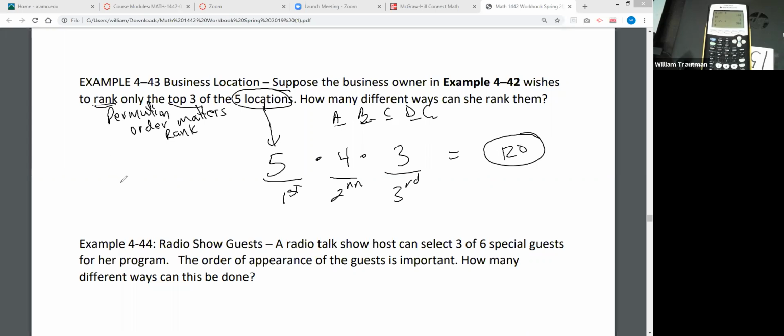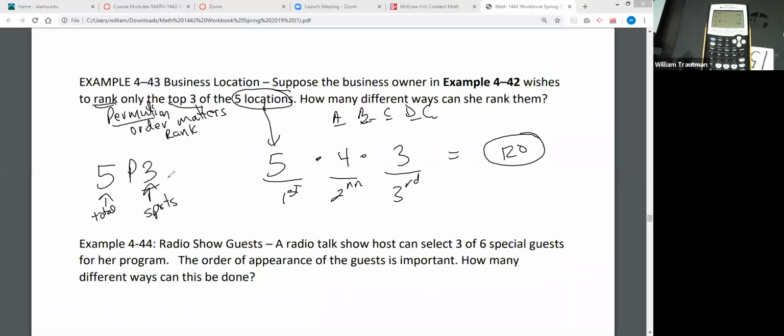Well, let's write that. That's a permutation. Permutation, order matters. We have 5 locations, and we want to rank them in 3 spots. This is 5, our total number, and these are the 3 spots where order matters.